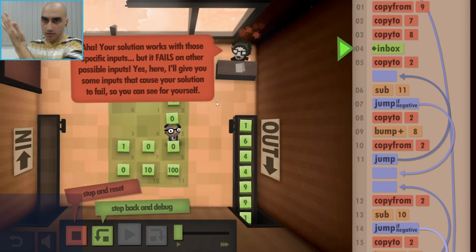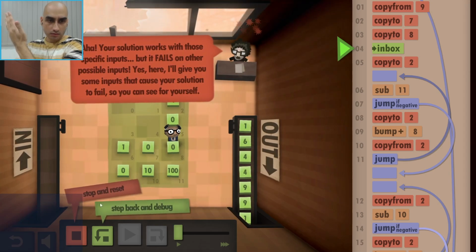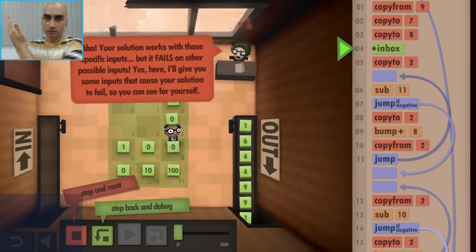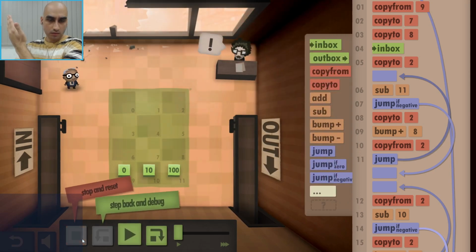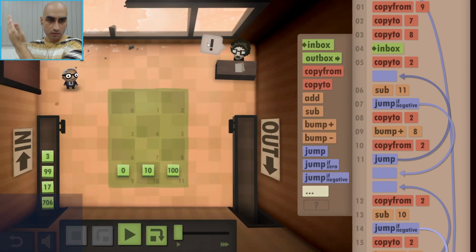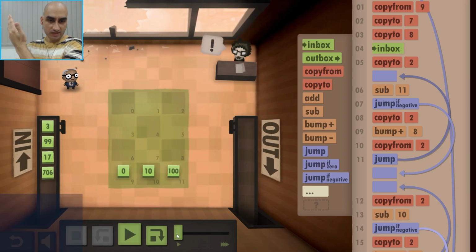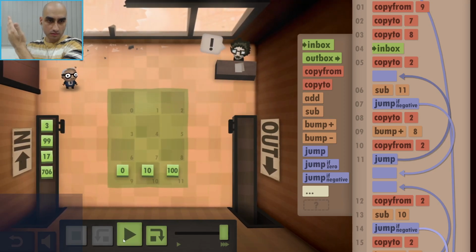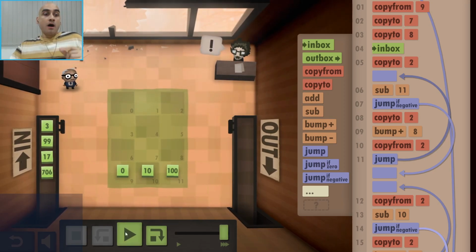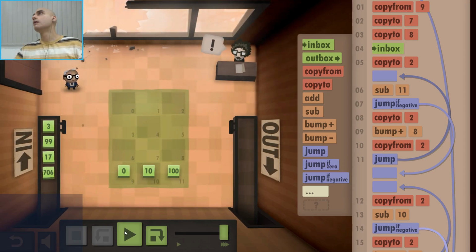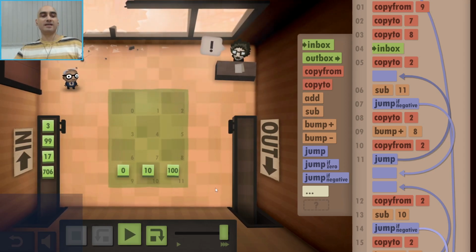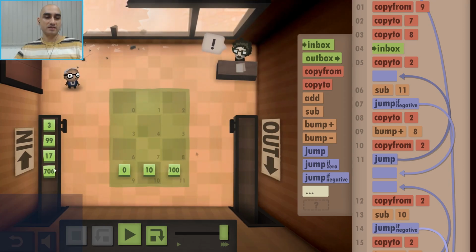Where? Where? Oh, it fails on these next ones. Oh man. What do we do about the 0 in the middle?